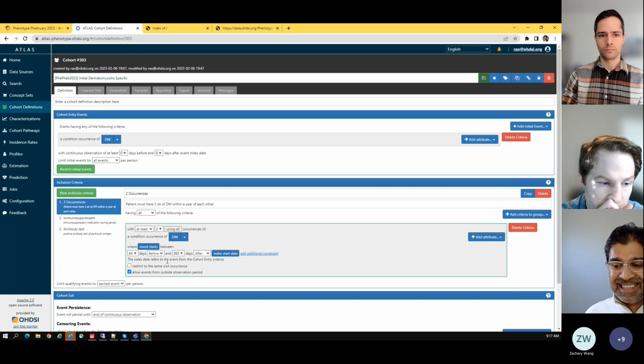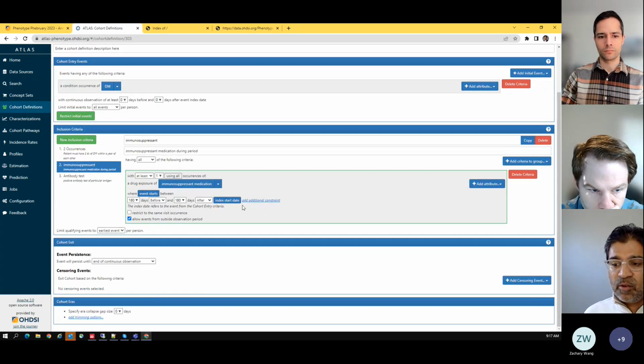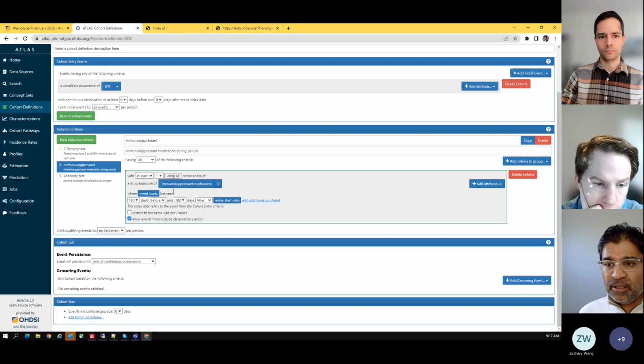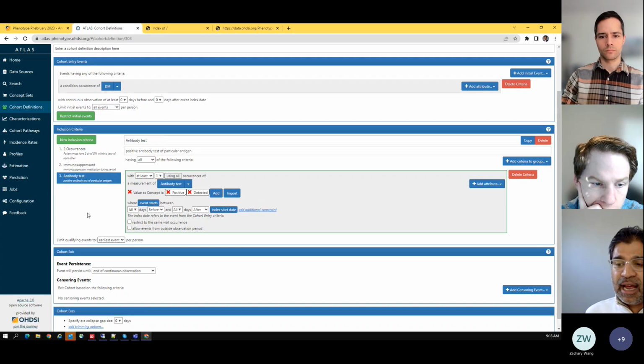There is a requirement that they have a second occurrence of dermatomyositis. There is a requirement for immunosuppressant medications, and this should be within 180 days of the diagnosis. So within 180 days of this, and they should have an antibody test.